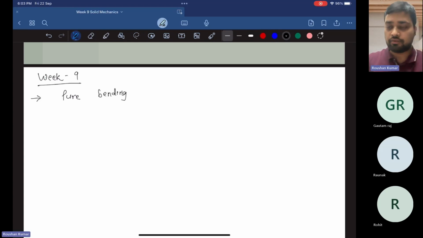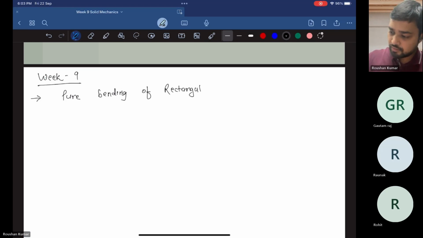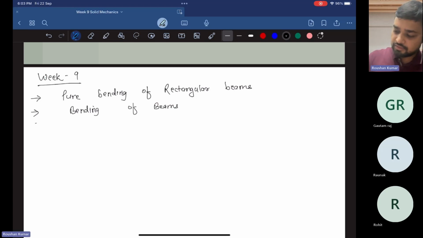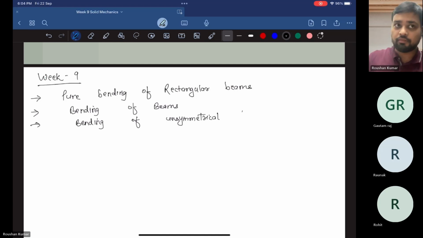The next lecture is also on bending of beams, and the last lecture is on bending of unsymmetrical beams.